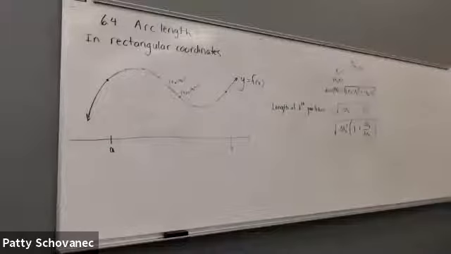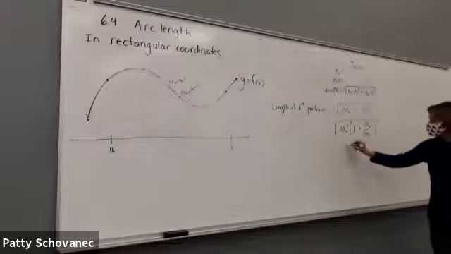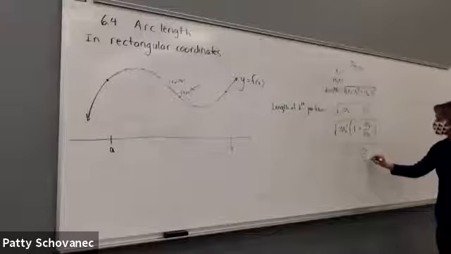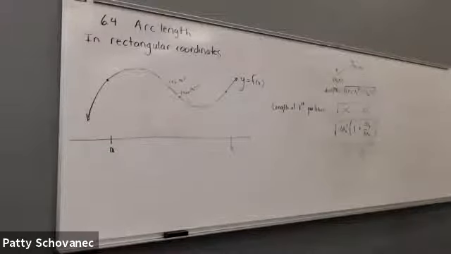Then I can factor out a delta xk out here because I got a square of a perfect square. Now that delta y over delta x, that's the average change of a function on the kth subinterval.